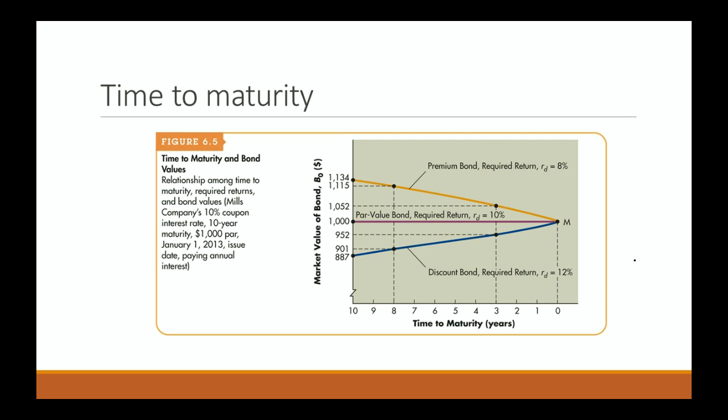If we look at time to maturity, so this is the number of years until a bond matures on the x-axis. On the vertical axis, we're looking at the market value of the bond. So regardless of interest rates, as we approach maturity, as we're getting closer and closer to the due date of the principal, time period 0, years to maturity is 0, the bond's price will approach the par value.